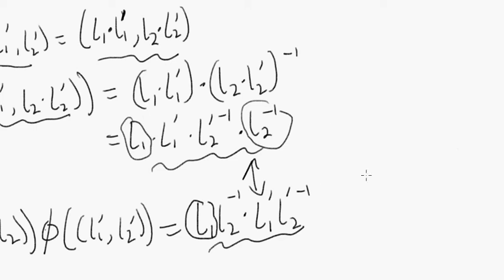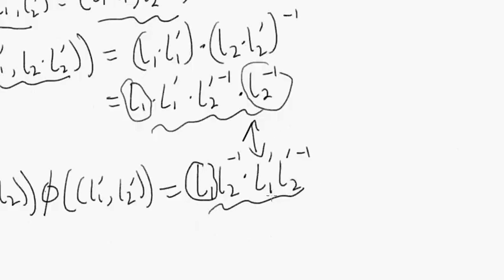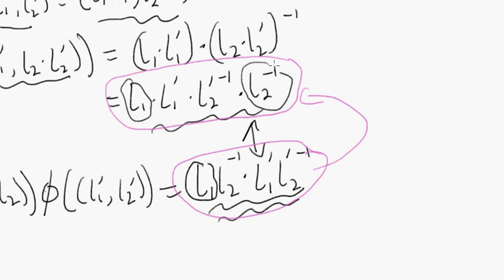Let's say we were to manipulate L1 L2 inverse times L1' L2' inverse, in order to obtain this. What would we need to do in order for them to be equal? Well, obviously, if L were abelian, then we would be good.